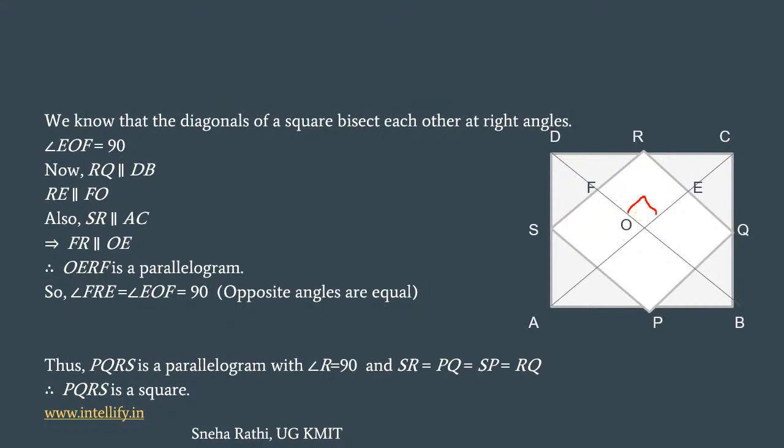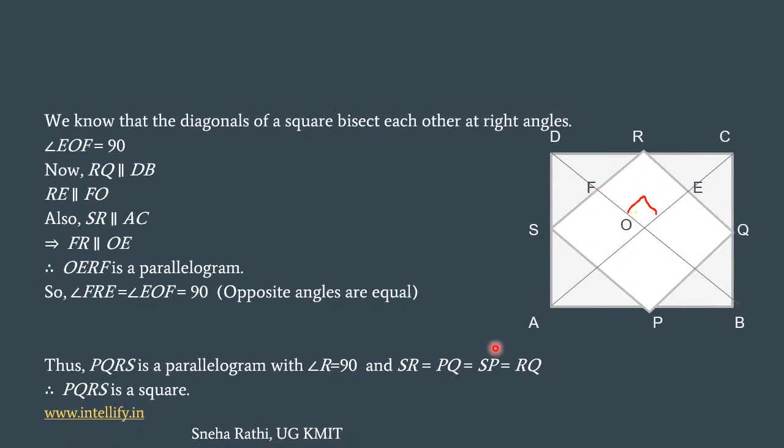Now you know that RQ is parallel to BD, so RE will be parallel to FO.